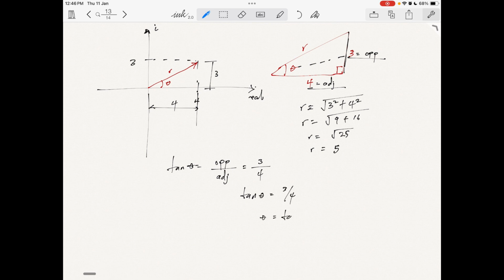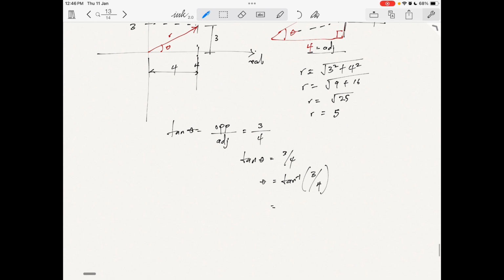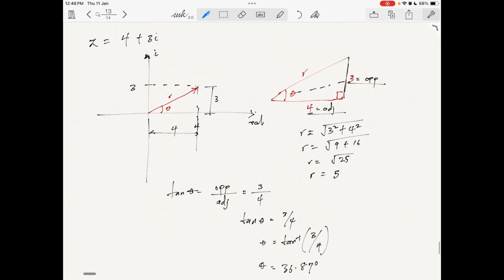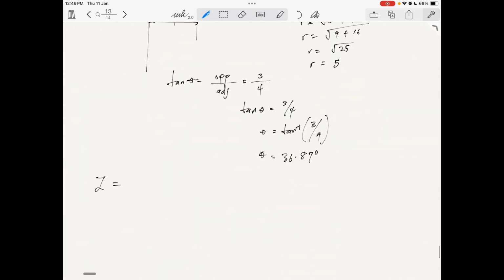Then theta will be arctan of 3 over 4, and arctan of 3 over 4 in degrees, using my calculator here, is 36.87 degrees. Now, after knowing our r and our theta, I will recall that the actual question is z is equal to 4 plus 3i.